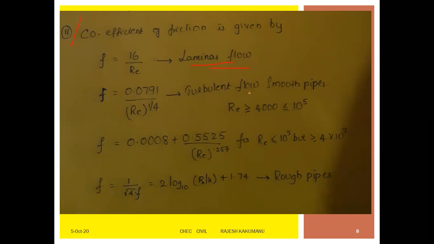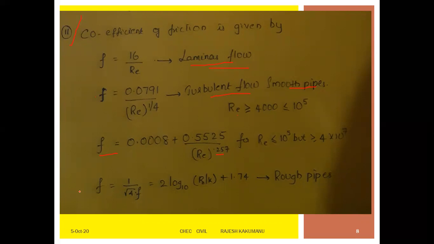That is for turbulent flow in a smooth pipe, where Re is greater than 4000 and less than 10 to the power 5. Next, f value is equals to 0.0008 plus 0.0552 divided by Re to the power 0.257. This is for Re less than 10 to the power of 5 but greater than 4 into 10 to the power of 7.